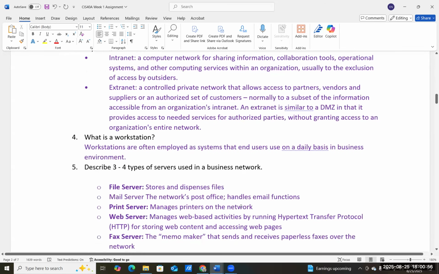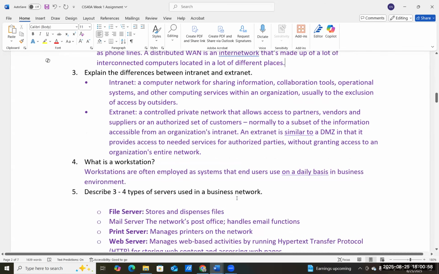Okay, so we touched a little bit on that, but let's talk a little more about intranet and extranet. It's an old technology, an old term, but it's still being integrated today. With an intranet, we can share information and resources, and it could include collaboration tools.